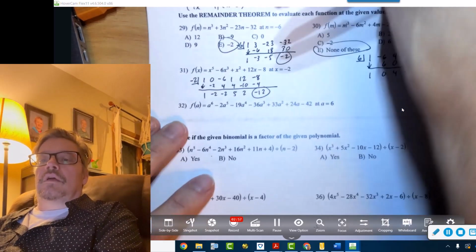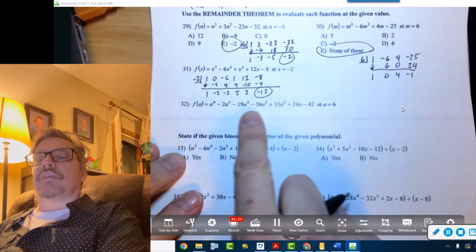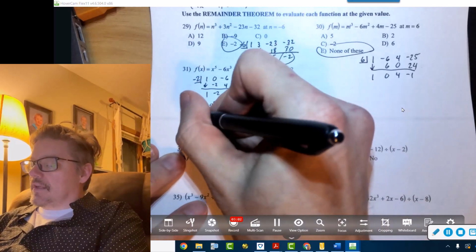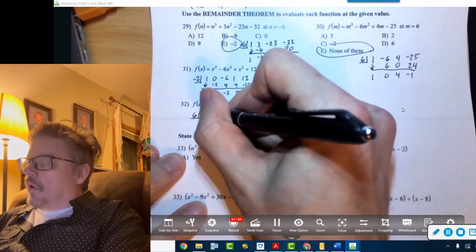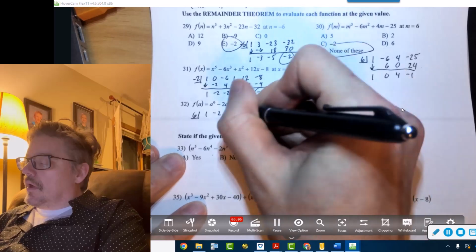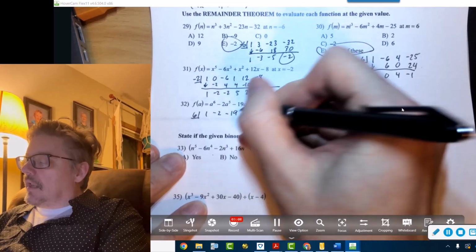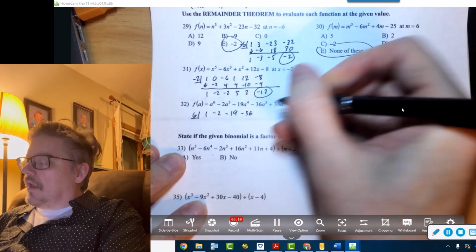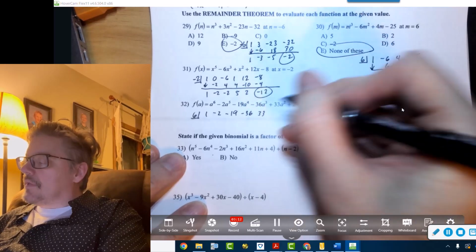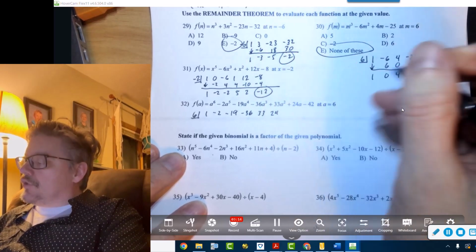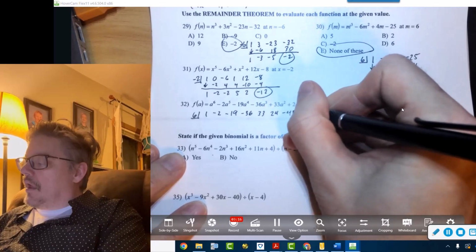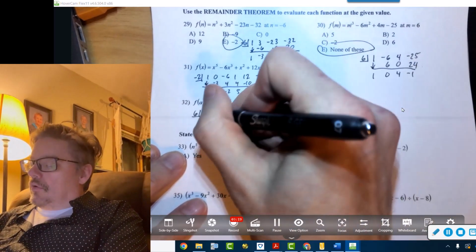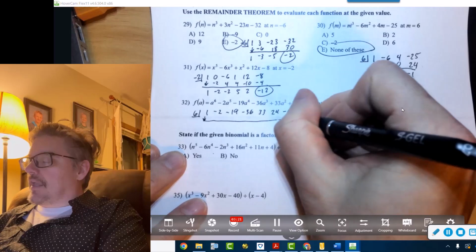All right, 6, imagine plugging that in. That would take forever. I think this is going to be a lot quicker. If I just did 1, -2, -19, -36. Like already, I probably would have typed in the wrong number into the calculator. Okay, so let's see what happens. Now, you can make a mistake with this, obviously.